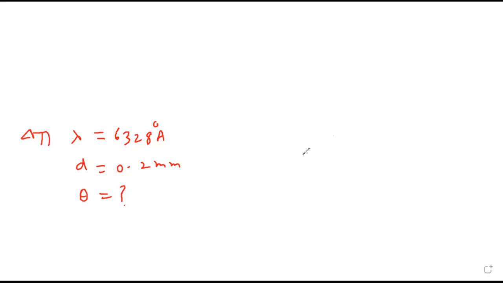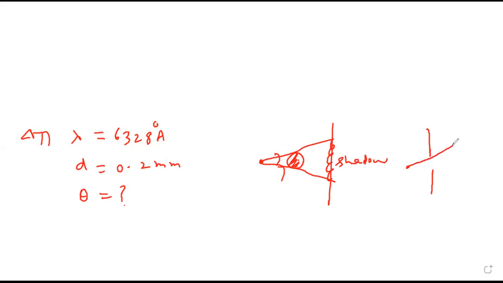What is diffraction? If this is one opaque body, and here we have source of light, emitting light in all directions, then because of this opaque body, there will be shadow produced here. If there is an opening, and here is source of light, then this will be light, and upper part will be geometrical shadow.